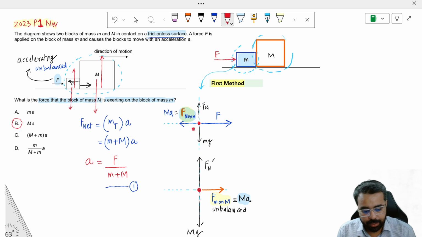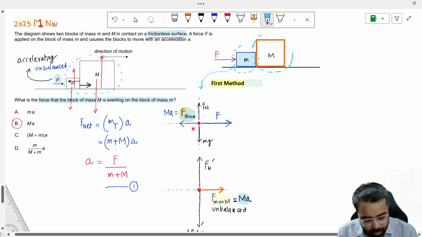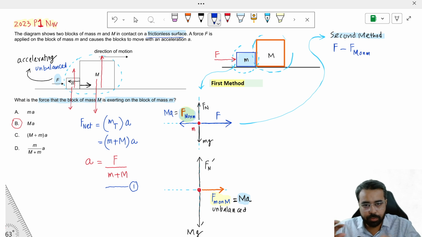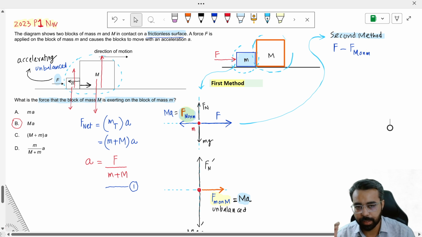Now let's quickly see the second method also. Over here, students, in the second method I will apply Newton's second law by writing F minus F of capital M on small m. Just assume now you are applying a different method, you don't know its value, and it equals capital Ma.